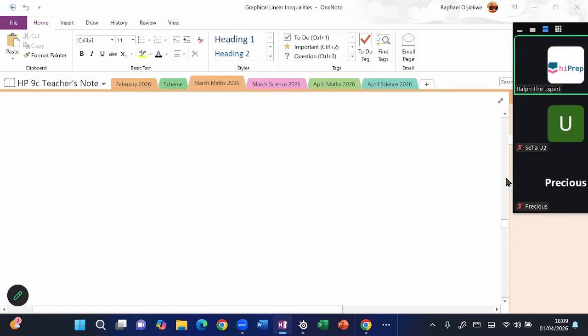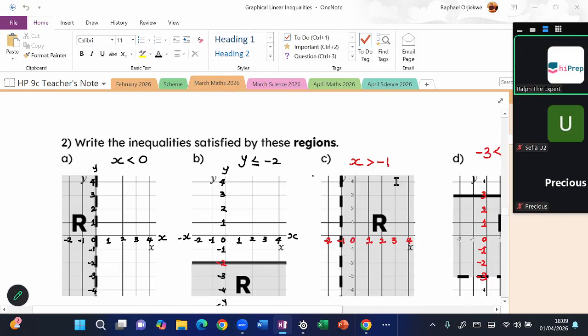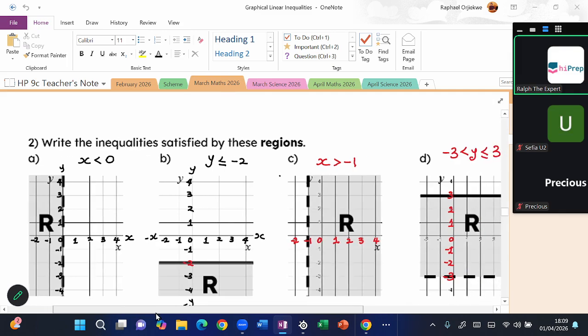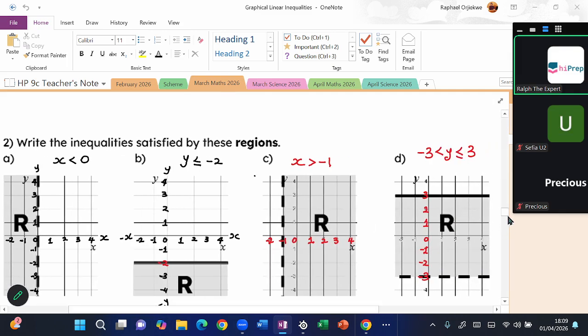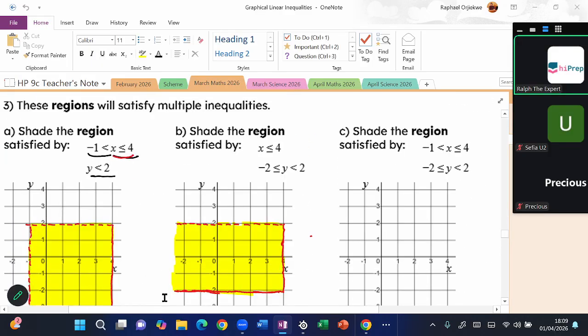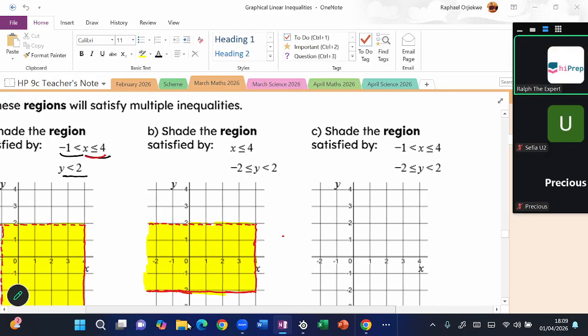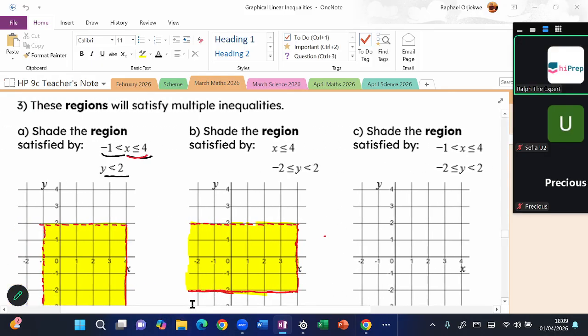Then we're able to do this, and answer this. So it's time for us to answer other questions. Okay, so it's time for us to attempt 3C now. Let's participate here. The question says the regions that we're about to shade will satisfy the inequality.